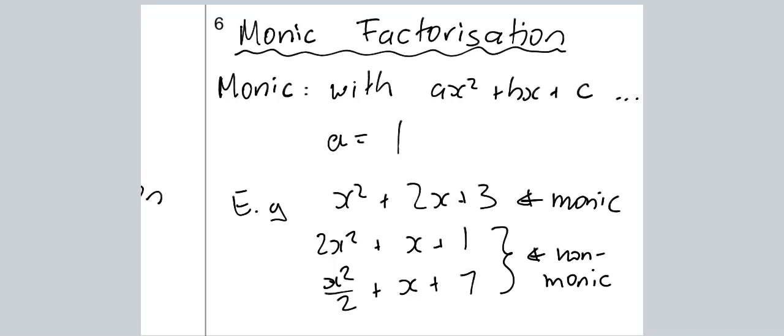2x squared plus x plus 1 is non-monic because the coefficient of x squared is 2. X squared on 2 plus x plus 7, the coefficient of x squared is... I've got it in the non-monic section though, so it's not 1, is it? 0.5, well done, Sam.